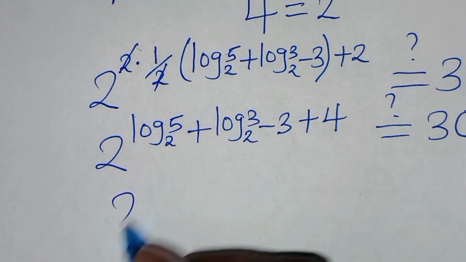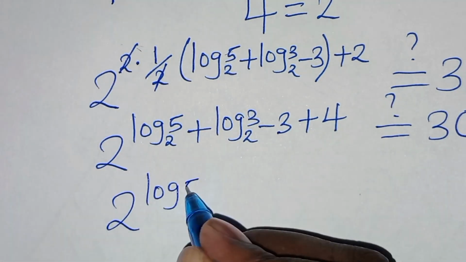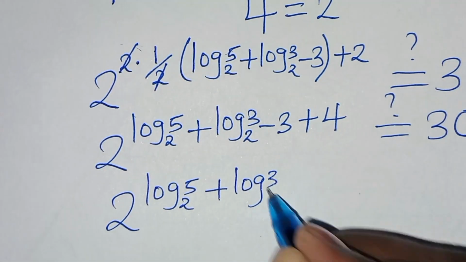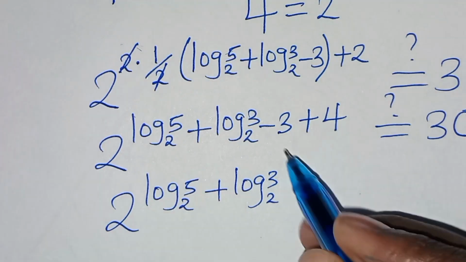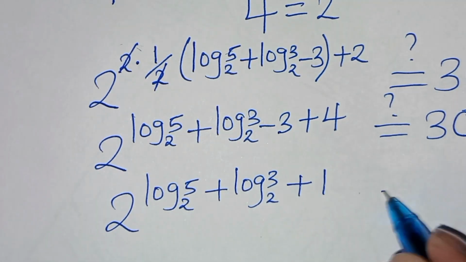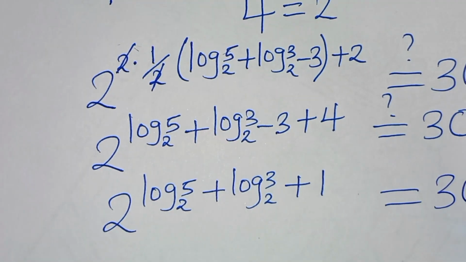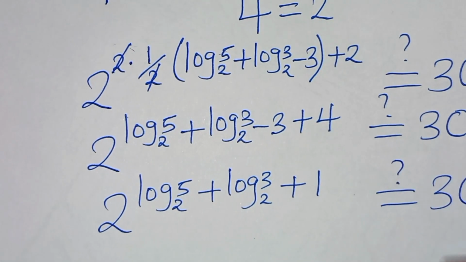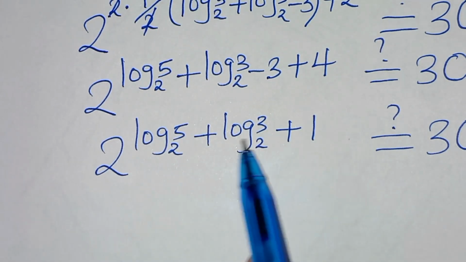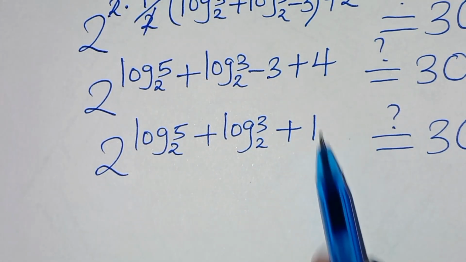Now here we have 2 to power log 5 to base 2 plus log 3 to base 2. Now minus 3 plus 4, this is plus 1. This should give us a value of 30. The next step is that 2 to power log 5 to base 2 plus log 3 to base 2 plus 1.